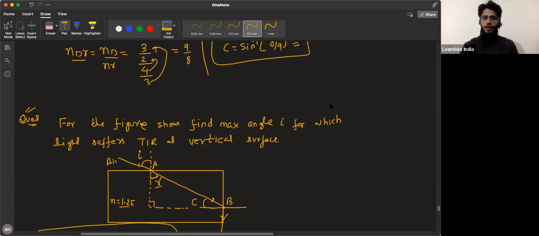You are supposed to calculate the value of the angle of incidence at which the ray undergoes TIR at this point.